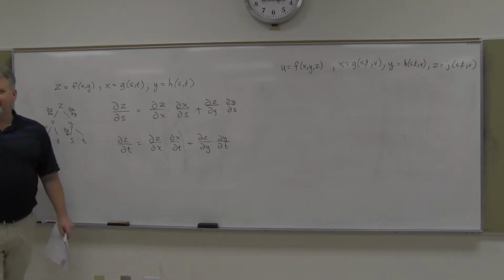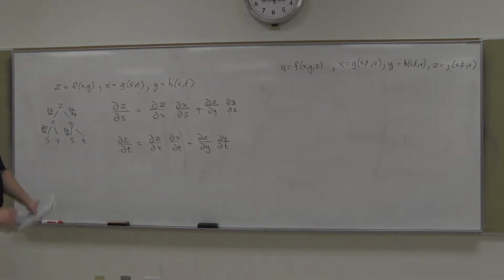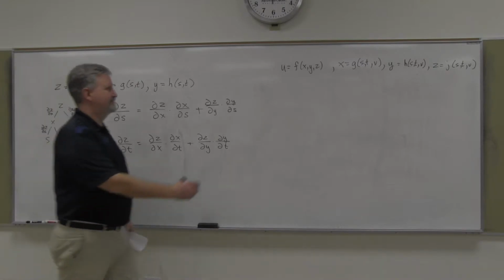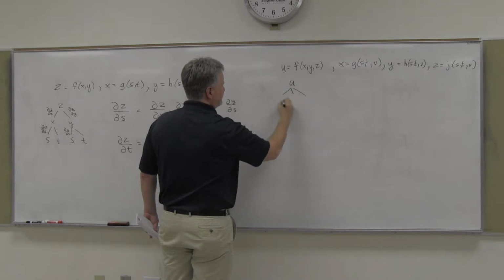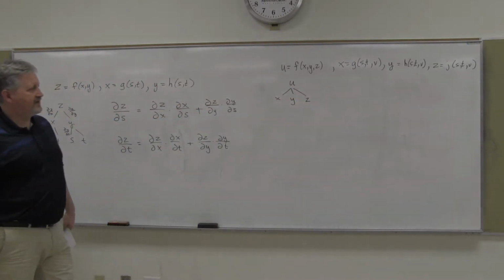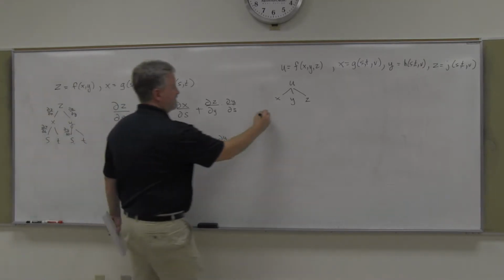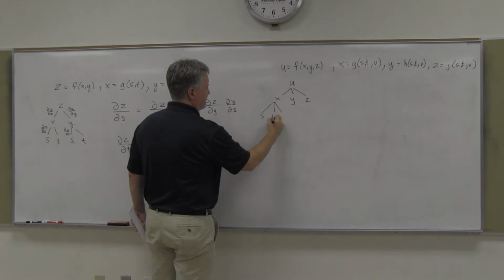So we've got three variables in all cases here. u is a function of x, y, and z, but then each one of these is a function of s, t, and v.